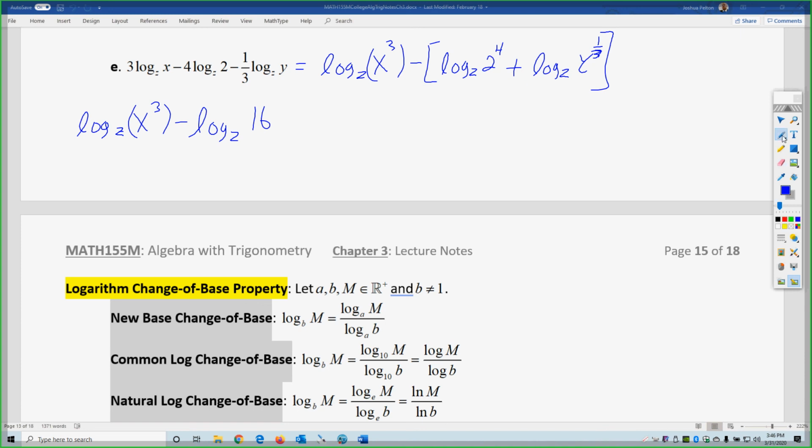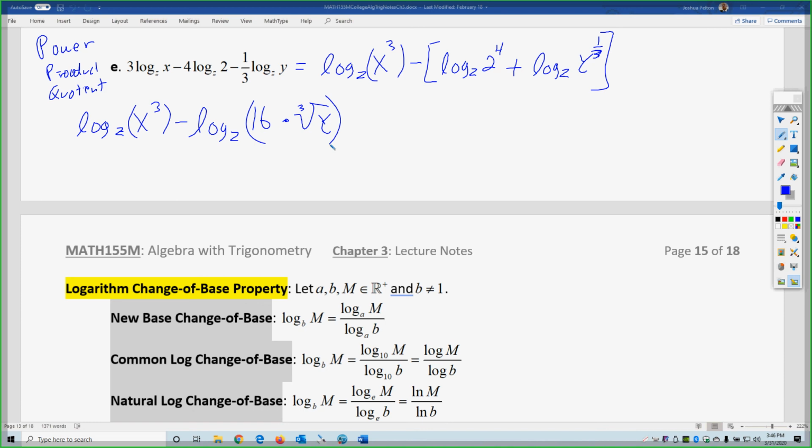Because again, you have the power we want to do first, then the product, and the quotient. Okay, so bring those together. So it's times the third root of y, because remember 1/3 power is the third root.